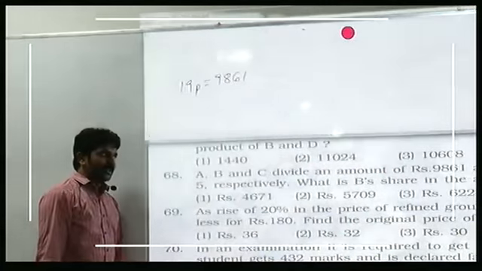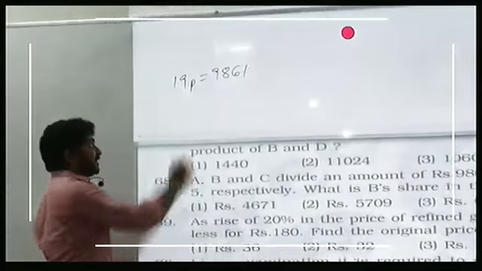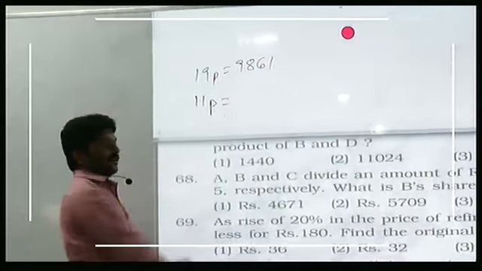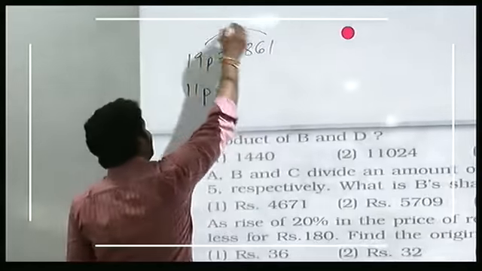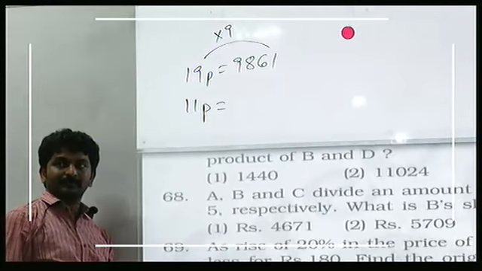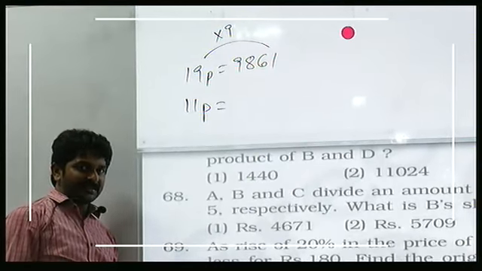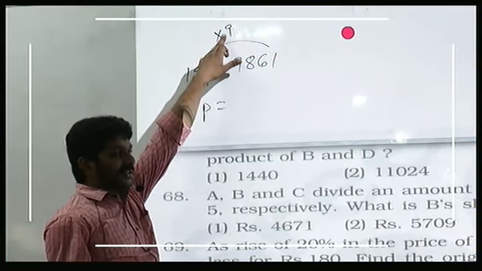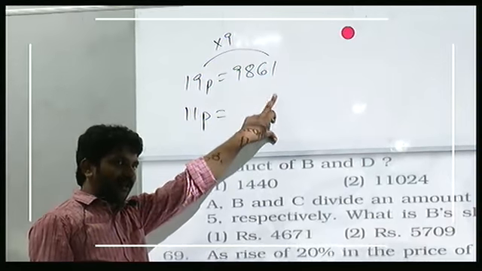And you are asked about B's share in the annual profit. B's share is 11 parts. Yes or no? 9 multiplied by 9 ends with 1. I am just verifying the last digit. 9 9s are 81, then only it ends with 1.